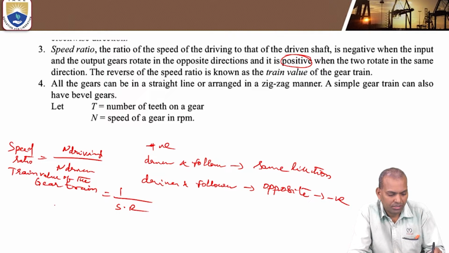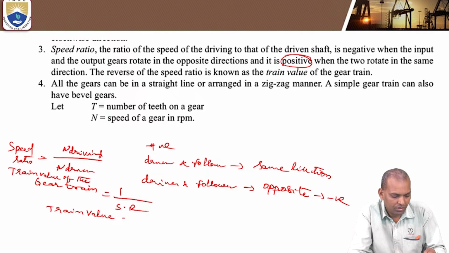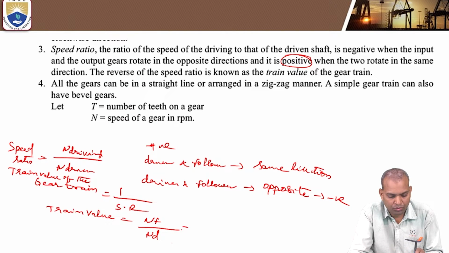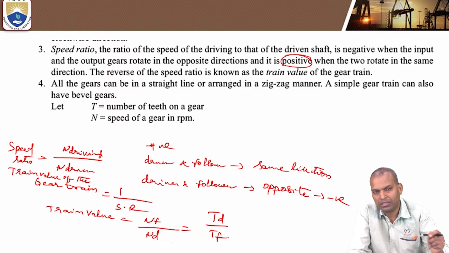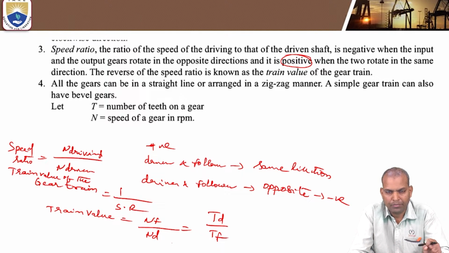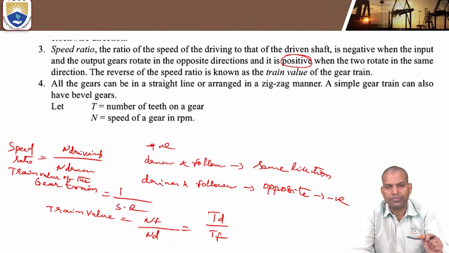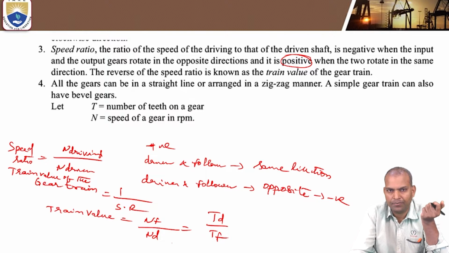That means train value equals the follower speed by driver speed, NF by ND, which equals TD by TF, the number of teeth on the driver by the number of teeth on the follower. It is nothing but the velocity ratio, the ratio of the follower to the driver.